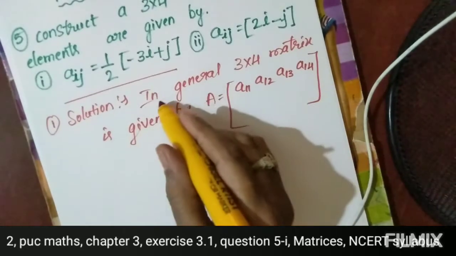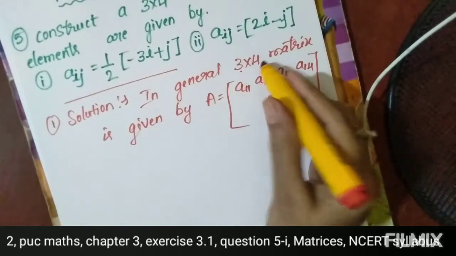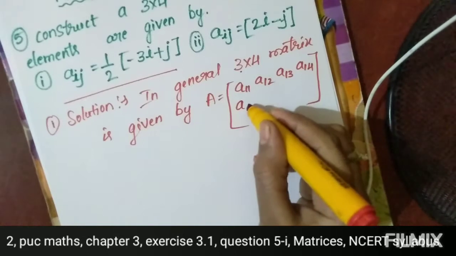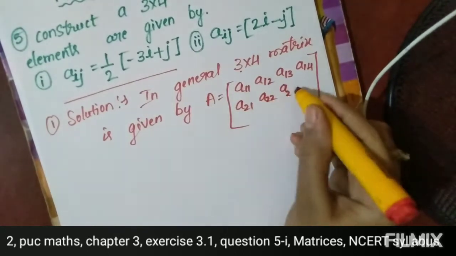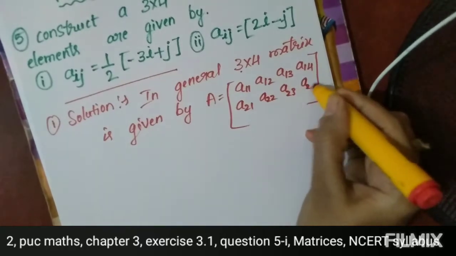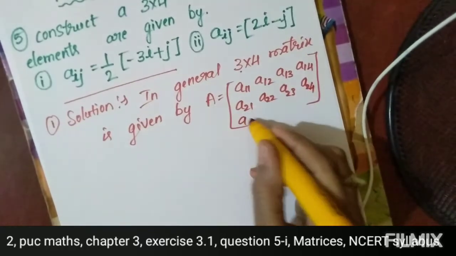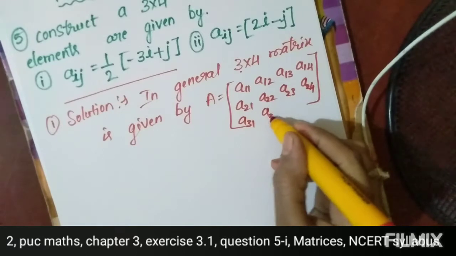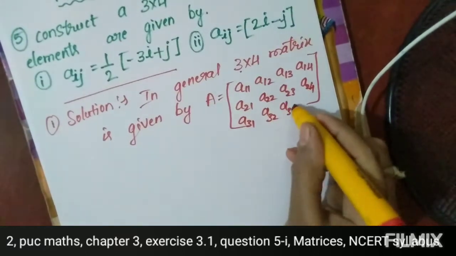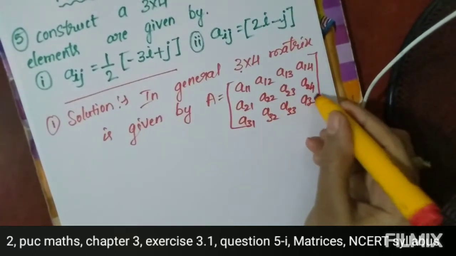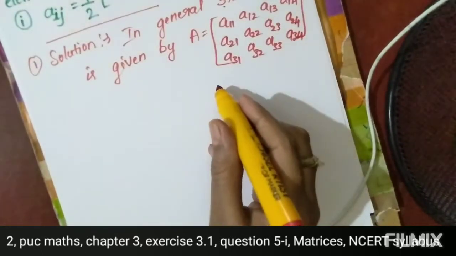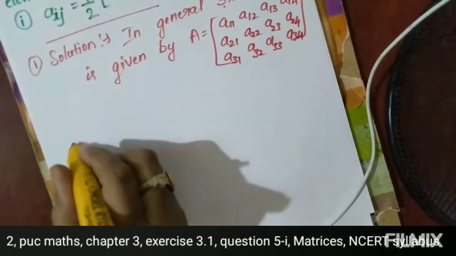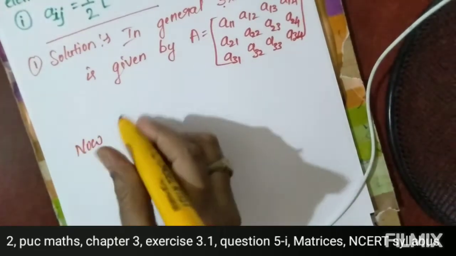We take 3 × 4, meaning 3 rows and 4 columns. Then A21, A22, A23, A24 and A31, A32, A33 and A34, like this. And now we take this formula.